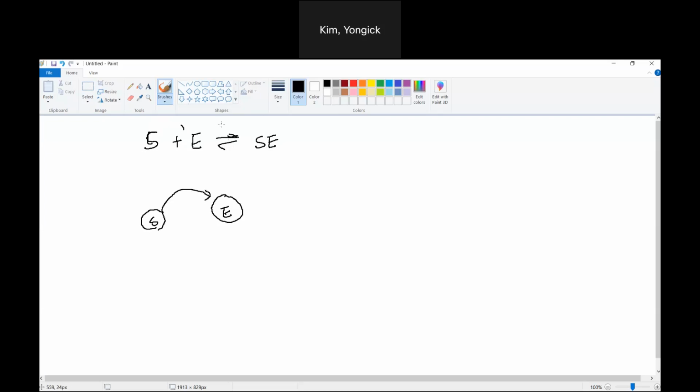So with the reaction constant K forward, something like that. And then it can also dissociate, going back, with the reverse reaction constant Kr.